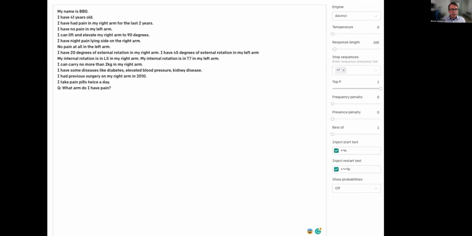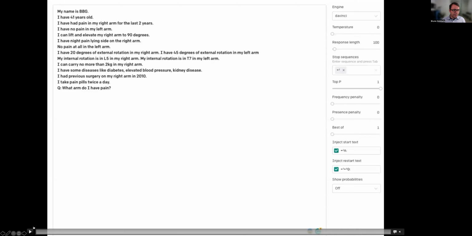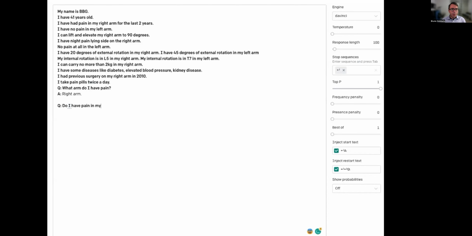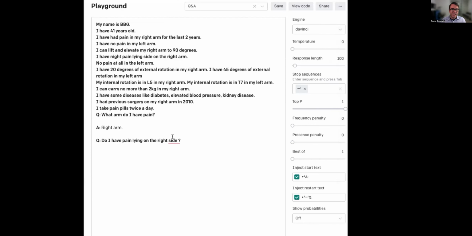This is a machine learning that I have tested. I give this machine learning some information, some medical records, for example. And now I'm asking this robot some questions. For example, if the robot has all the medical records for a patient, you can ask this robot if this patient had previous surgeries.